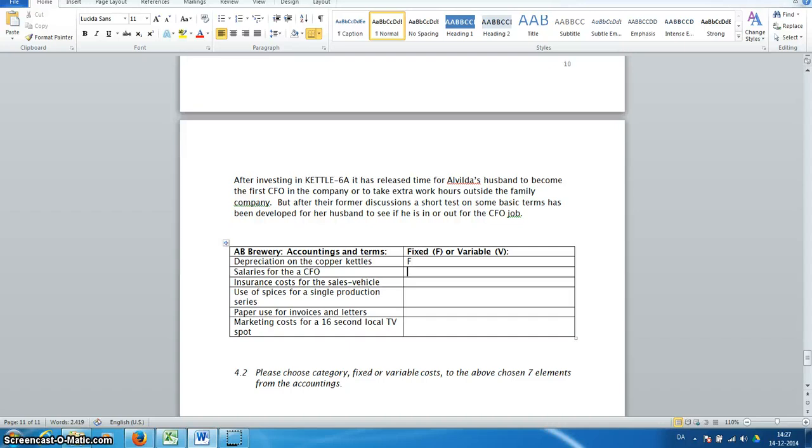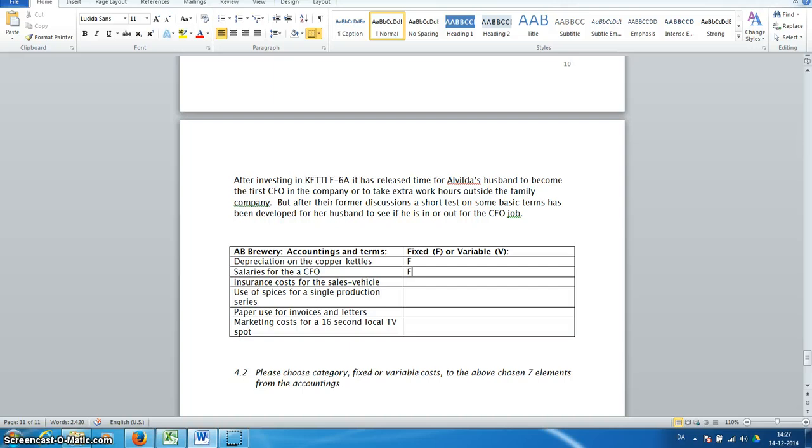We write F. Salaries for a CFO, well, that's a salary that is not directly involved with the production of any one product. So no matter how much we produce, we will still have the same salary for the CFO.